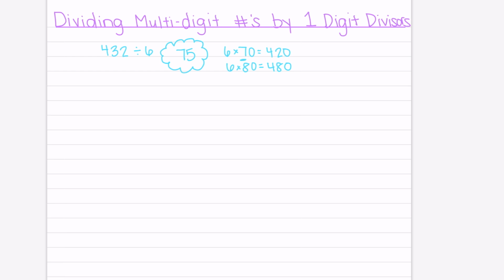In some cases, some students may struggle with this part right here. If they do, a quick strategy to help them would be to make a T-chart of multiples. This is something they would just want to rely on until they get the process down. After they have the process, they can move past this step, as it can take time. So right here, I'm thinking about multiples of 6. We know that 1 times 6 is 6, so 10 times 6 would be 60.